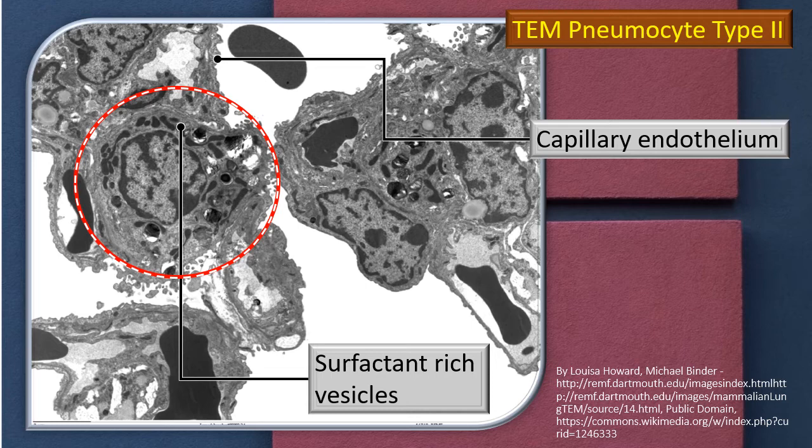As already mentioned in previous discussions, we need to recall that this particular cell, the type 2 pneumocyte, secretes a surfactant, a lipoprotein based chemical which is responsible for prevention of collapse of the lung during normal lung activity. Now, this is a very important point to note. Very close to it, you can also see a capillary endothelium, and there is a small RBC there.